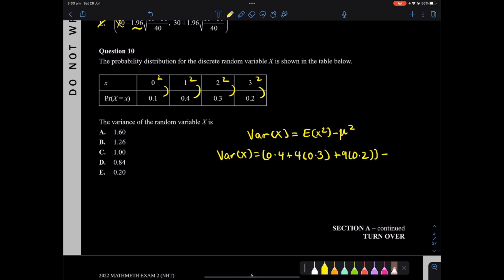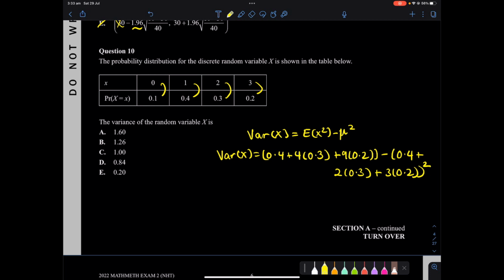Minus your mean value squared. Your mean value is, we multiply them all with their original value: 0.4 plus 2 times 0.3 plus 3 times 0.2, and we square all of that.